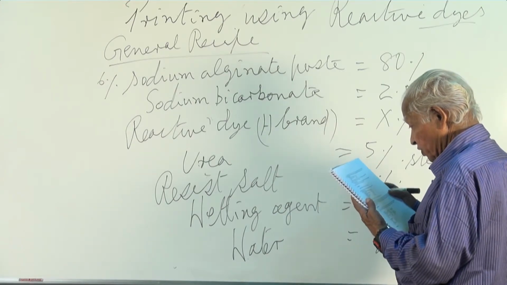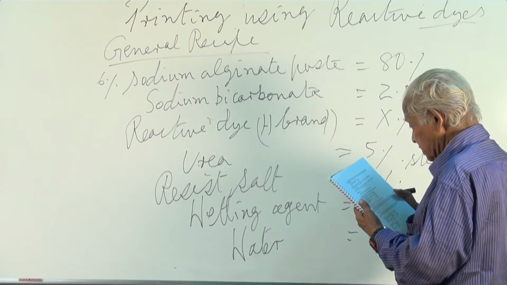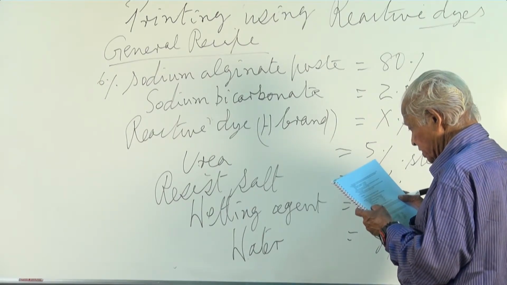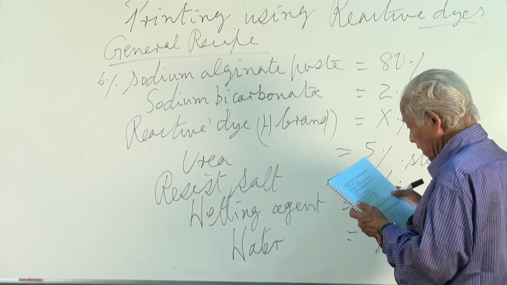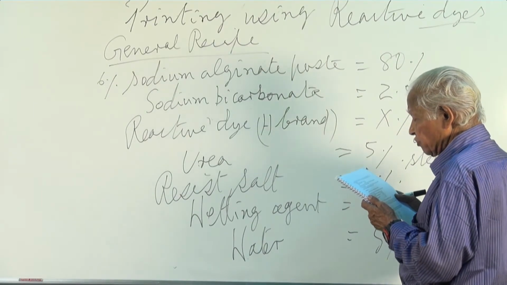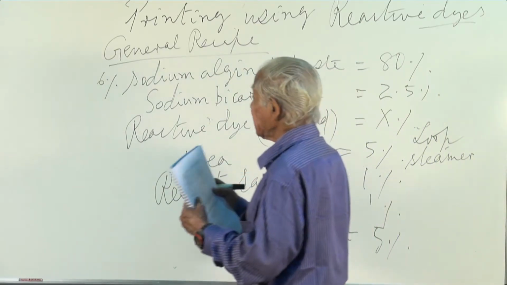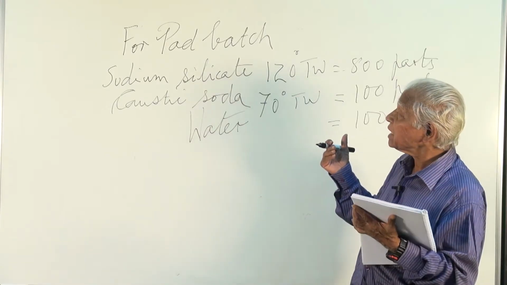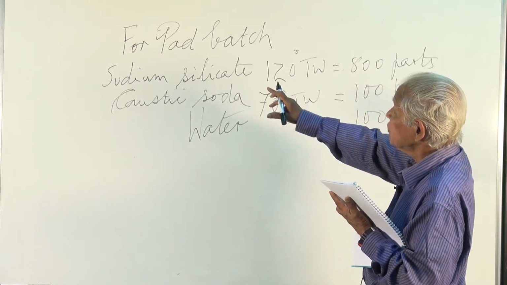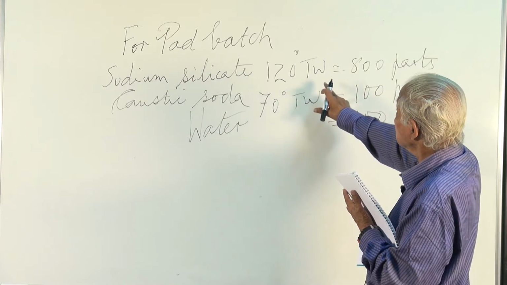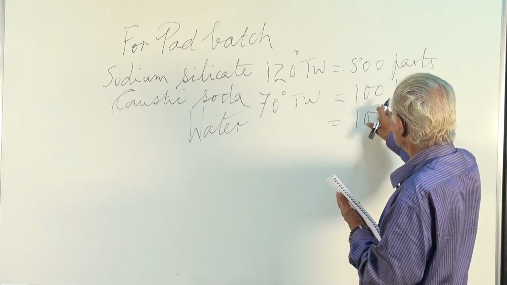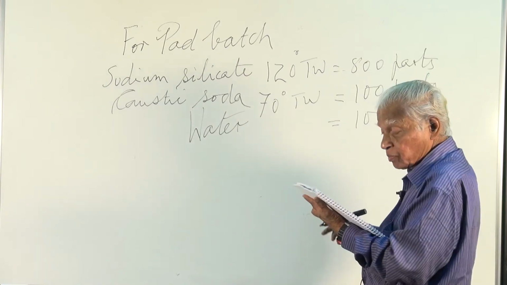The print paste for vinyl sulfone colors is same as above but without alkali. After printing and drying, the fixation is done by silicate pad batch or padding with hot silicate shock fixation. For pad batch, the fixing is done by silicate pad batch method, and for this pad batch sodium silicate 120 degrees twaddle 800 parts, caustic soda 70 degrees twaddle 100 parts and water 100 parts.